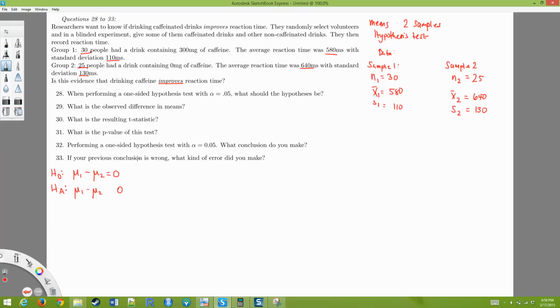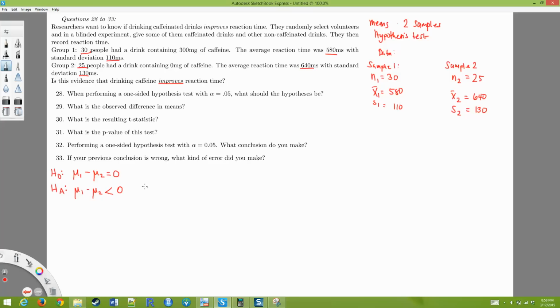Do you get faster or slower? You get faster. So your reaction time, should that be more or less? It should be less, right? Improved reaction time means it takes you less time to respond. So that means the people with caffeine, should their numbers be bigger or smaller? Smaller. So we're going to have mu1 minus mu2 less than 0.